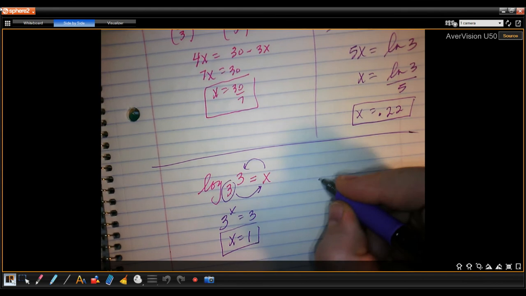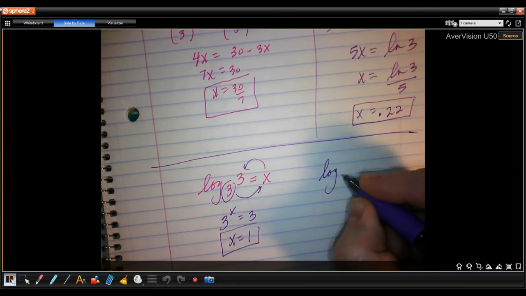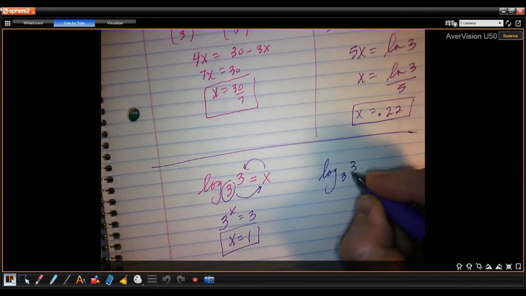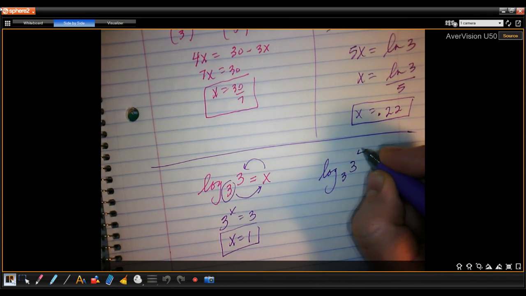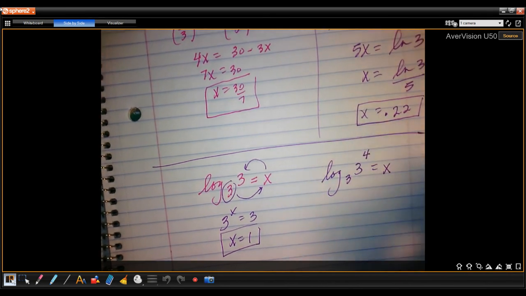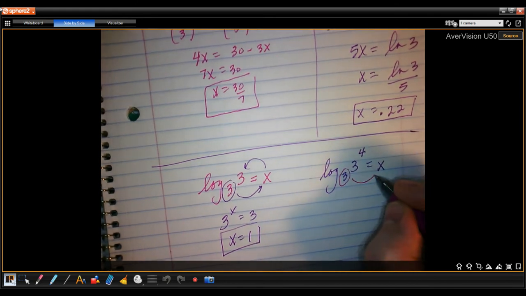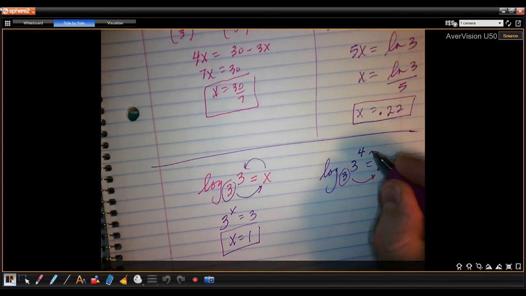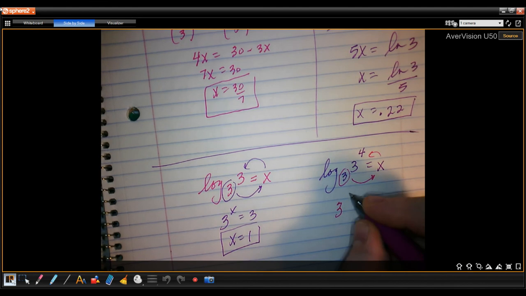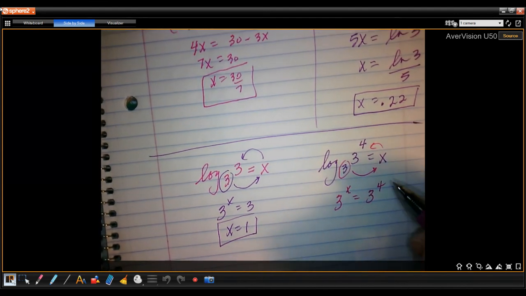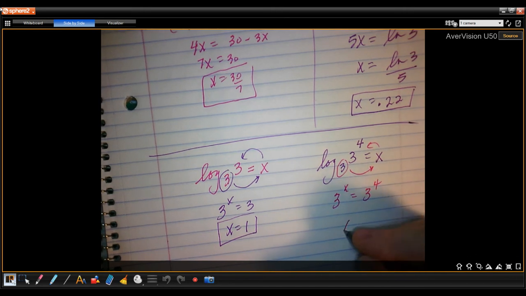So like another one was log base 3, we know it's 1. But what if it was 4, like that? So then it'd be 3 to the power of x equals what? 3 to the power of x equals 3 to the power of 4. Oh, so x equals 4.